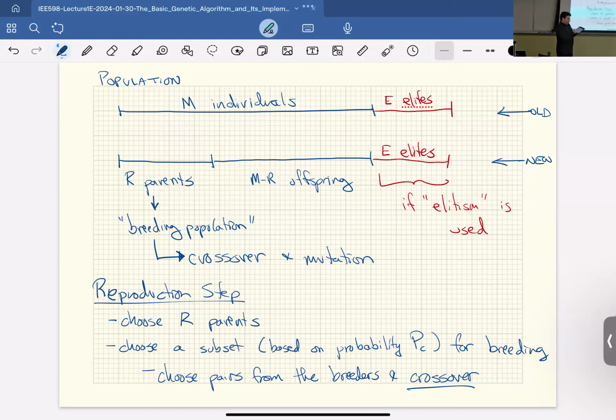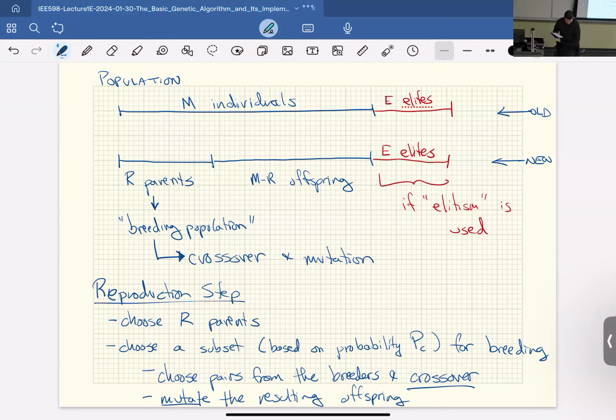And then you mutate the resulting children or offspring, and that's how you fill out these M minus R offspring. So that's the high level overview before we go into the details of crossover and selection.